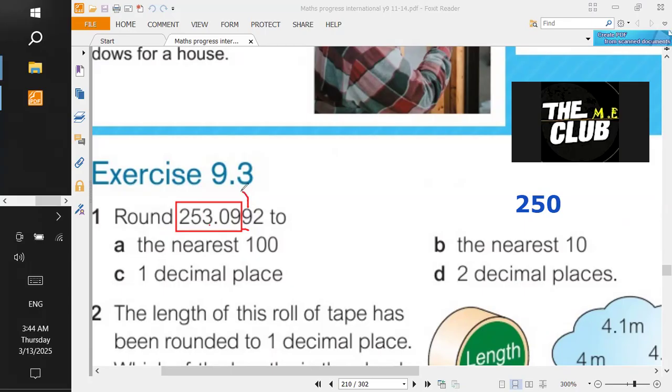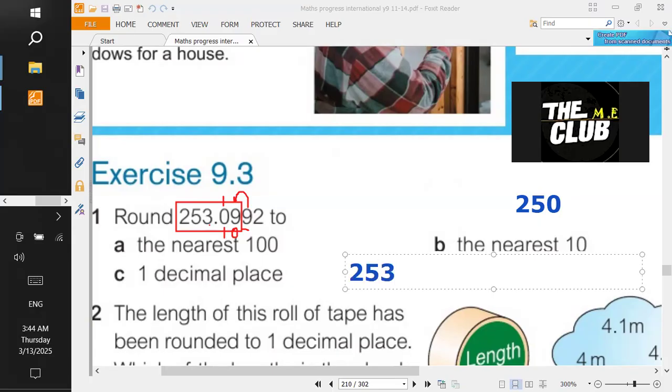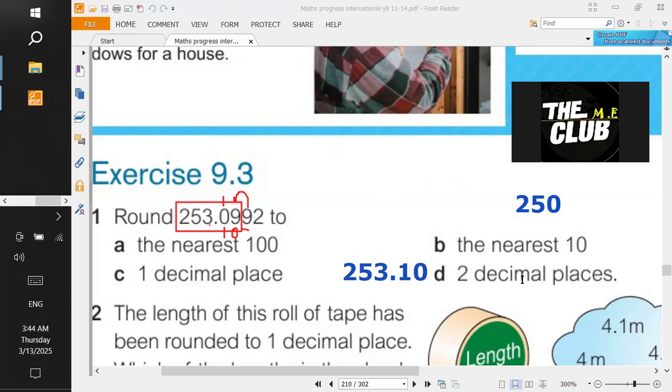The 9 is big, it means it will add 1 here. This means that this 9 will become a 10. So we have a 0 and 1 here. And this 1 will come here as 1, and the rest will be the same. So the final answer would be 253.10, and this is the answer of two decimal places rounding.